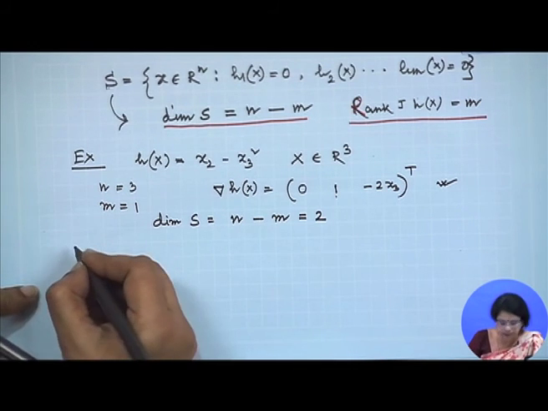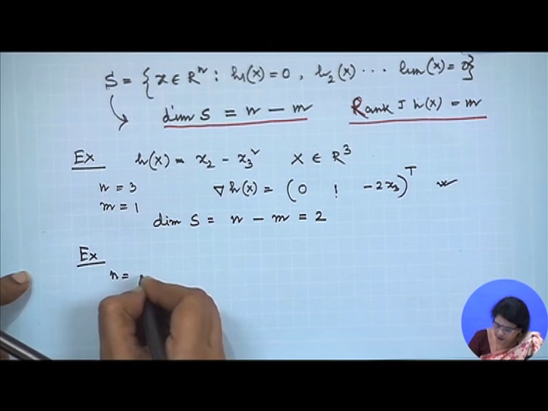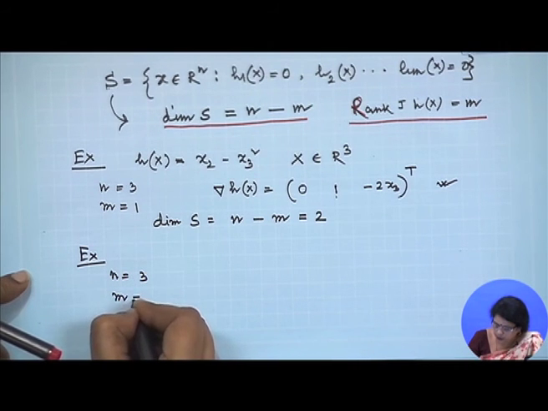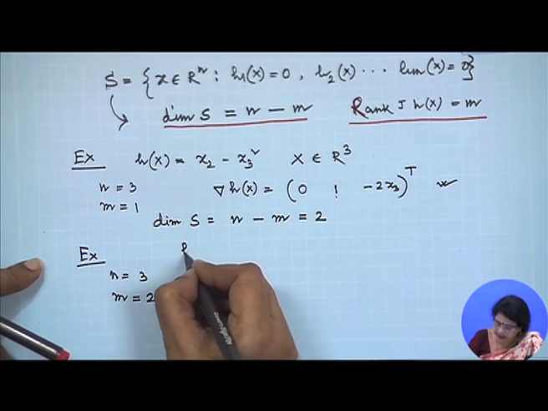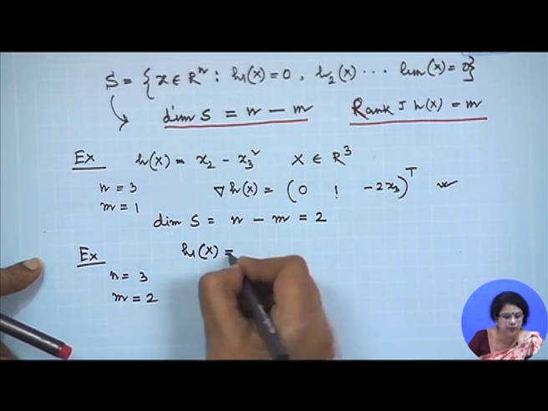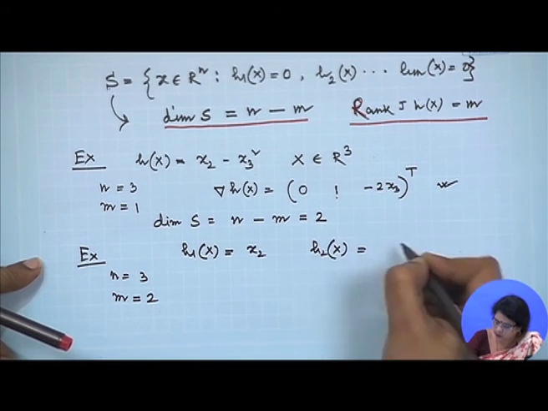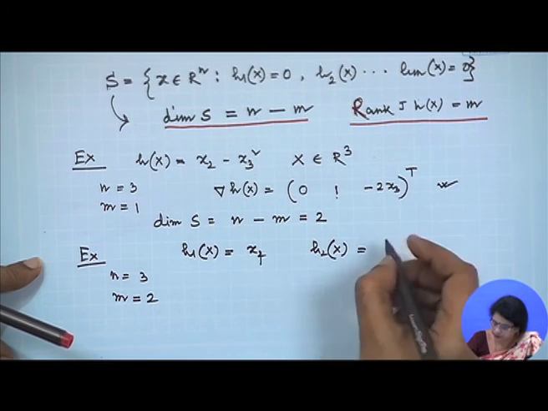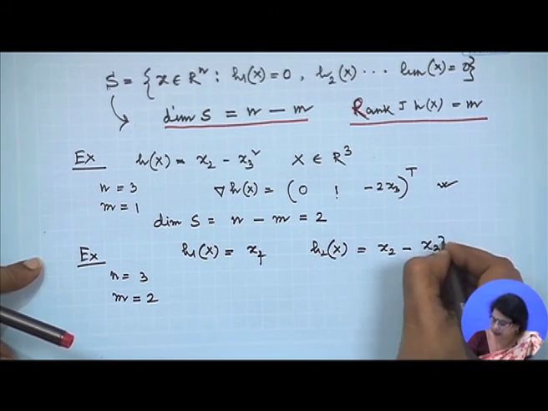Now, in the next example, we are considering n equal to 3, but m equal to 2. We have 2 constraints together. One constraint is h1(x) equal to x1 and h2(x) is equal to x2 minus x3 square.